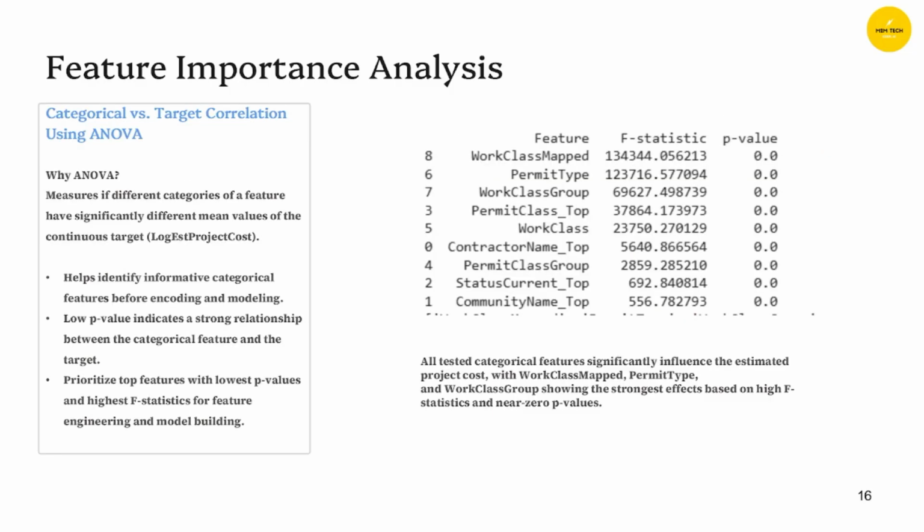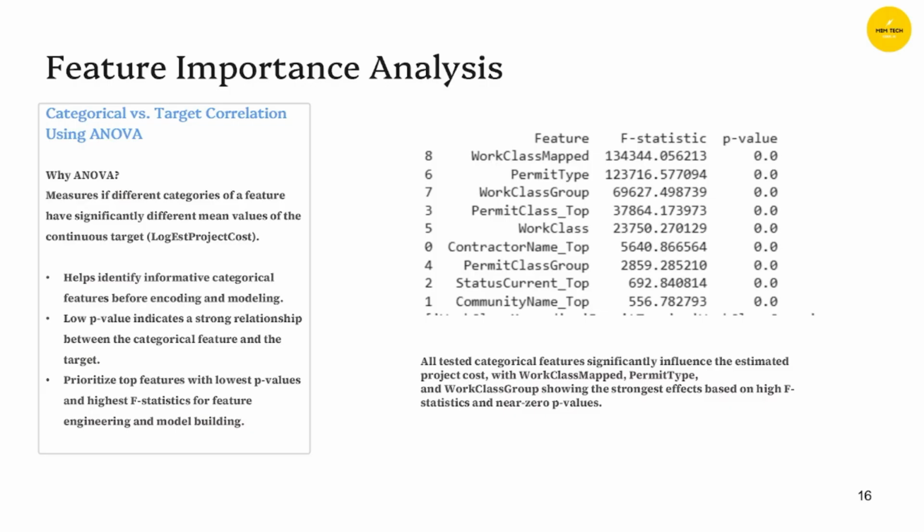And for categorical correlation with the target data, I have used ANOVA here. What is ANOVA? It measures whether different categories of a feature have a significantly different mean value on the continuous target. It helps to identify informative categorical features before encoding and modeling.